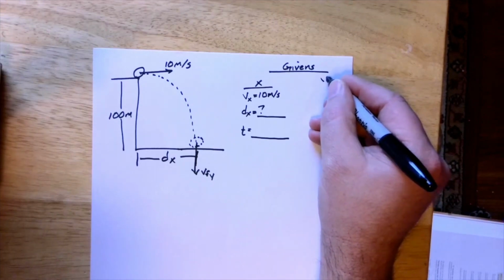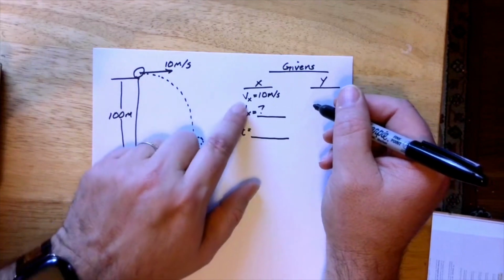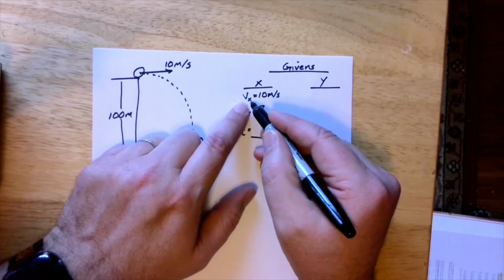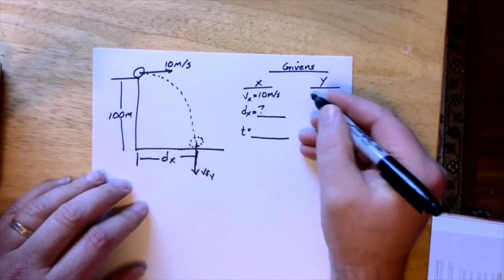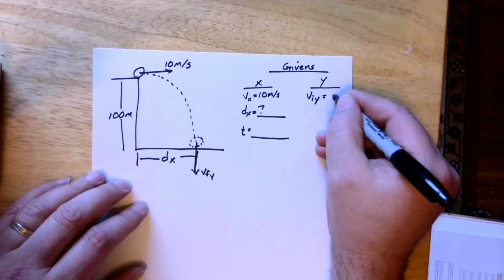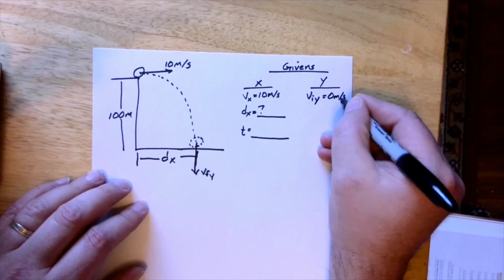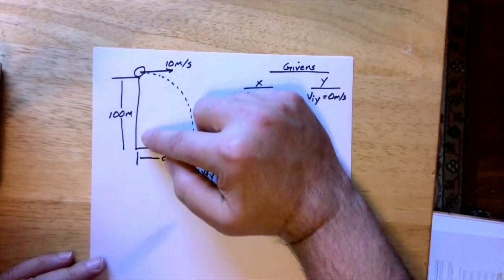Then all the variables in the y direction. Now the x direction is 10 meters per second, but vertically, what's the initial velocity? The initial velocity in the y direction is 0. And if you ignore the horizontal part of it, it'll be the same as dropping a ball straight down.